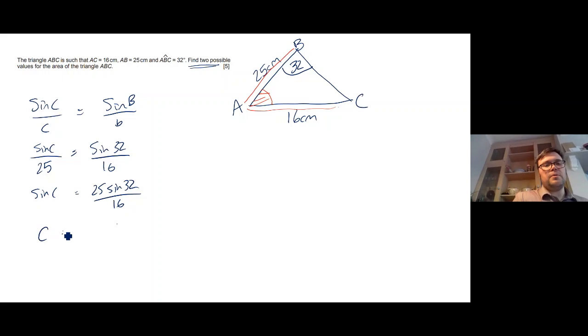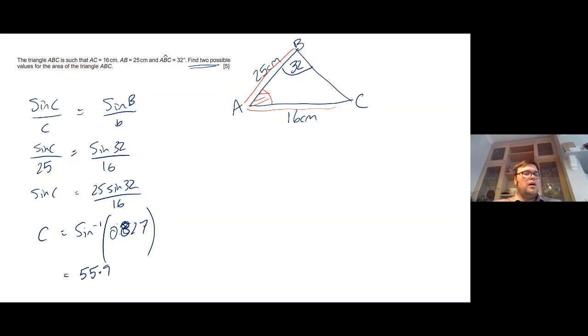So C is equal to sine to the minus 1 of that answer, which I believe was 0.827, which is equal to 55.9.